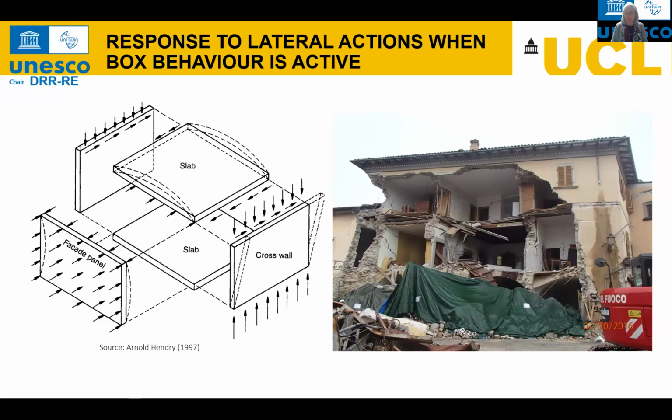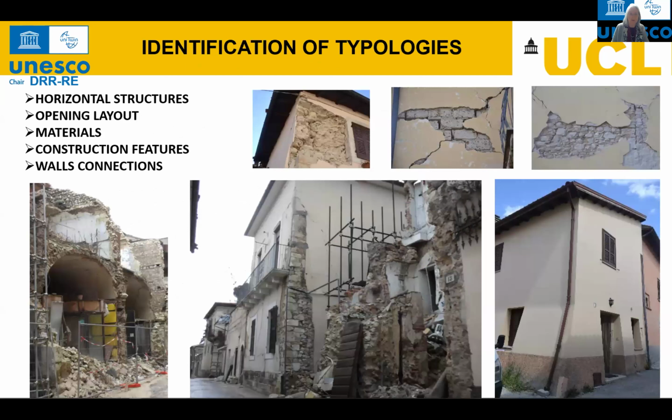So at this point, it's very important to identify the typology and the specific elements of the construction that determine the different behavior, as we said earlier. In doing so, we need to pay attention to the horizontal structures. Are these timber floors? Are these walls? Are these concrete slabs, for instance?